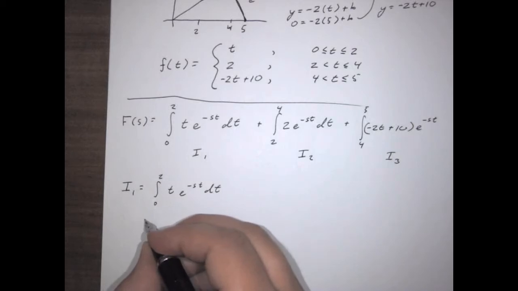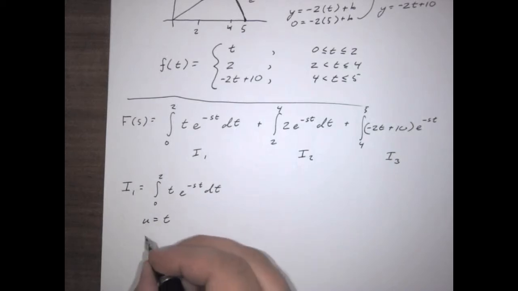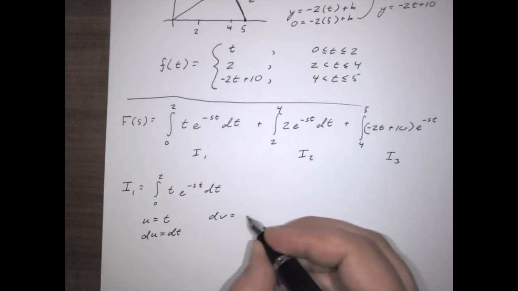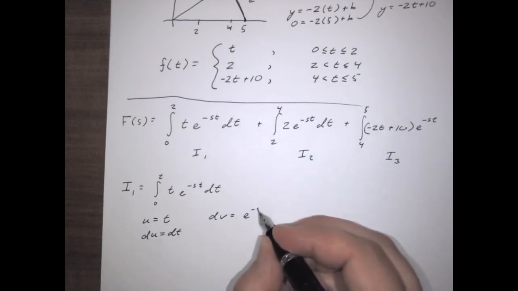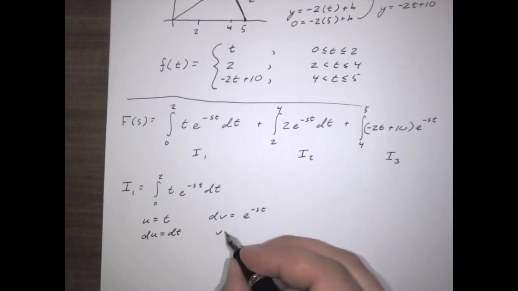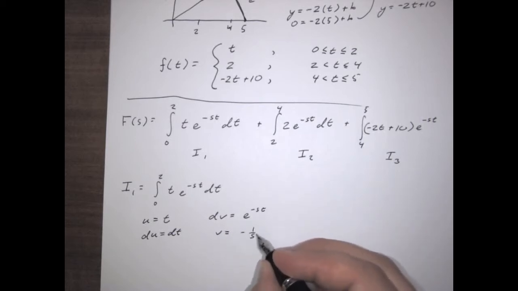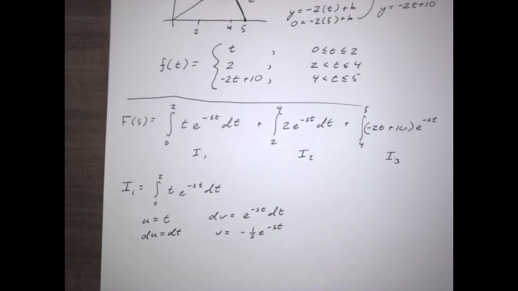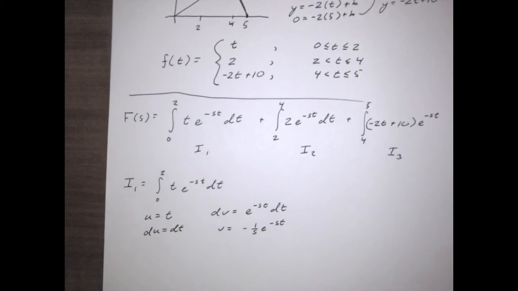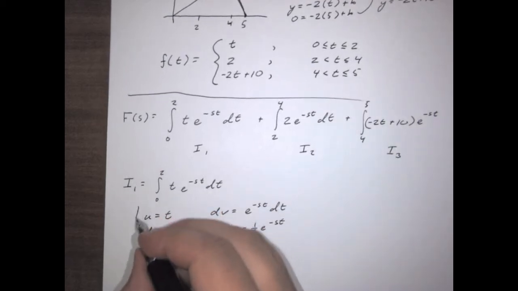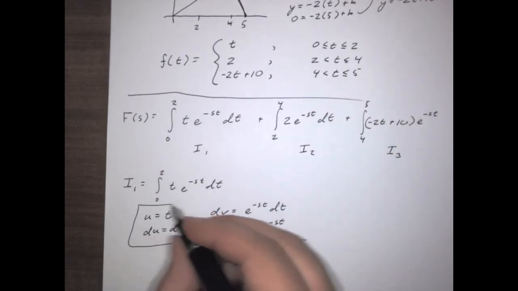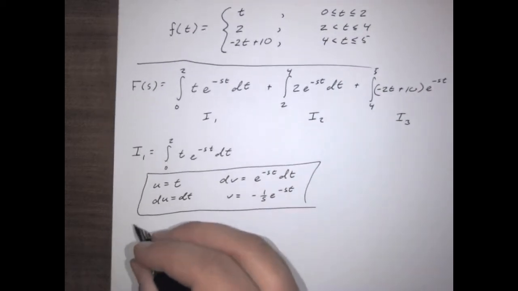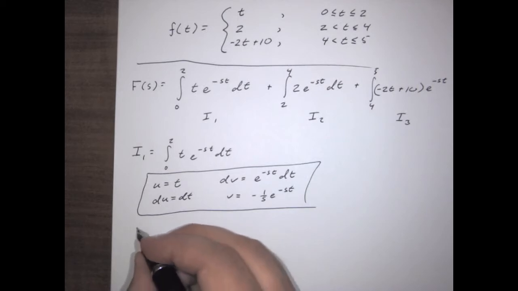So we're going to go with a u of t, which puts a du of dt. dv will be e to the negative st, which makes v negative 1 over s e to the negative st. I'm sorry, the dv includes the dt part. So this is going to be the rules of u and v, and so here we go.